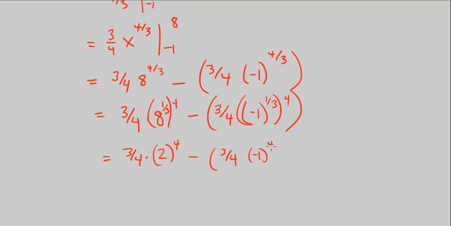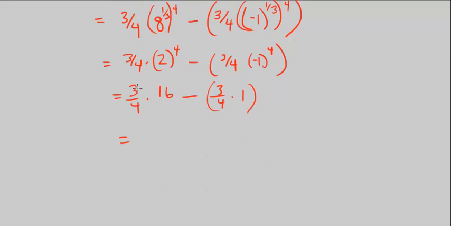So it's -1 to the power of 4. 3/4 times 2 times 2 is 4, times 2 is 8, times 2 is 16, minus 3/4. -1 times -1 times -1 times -1 is just +1, right? 3/4 times 16/1, these cancel out, and that's going to be 3 times 4 is 12, minus 3/4, okay?